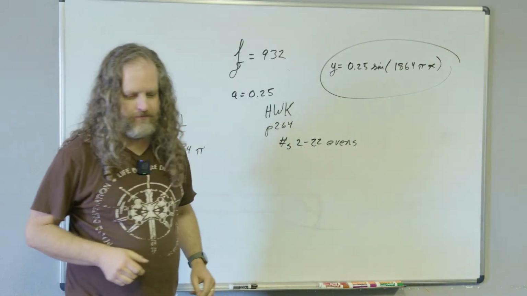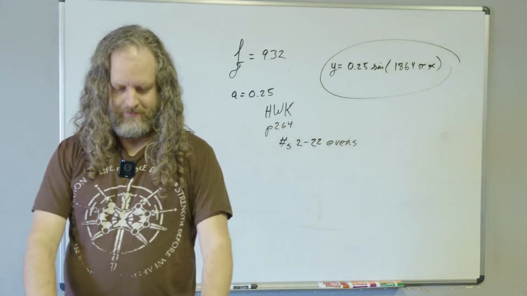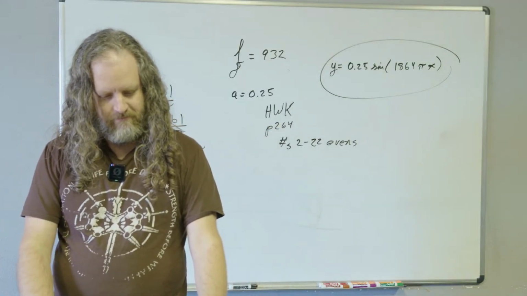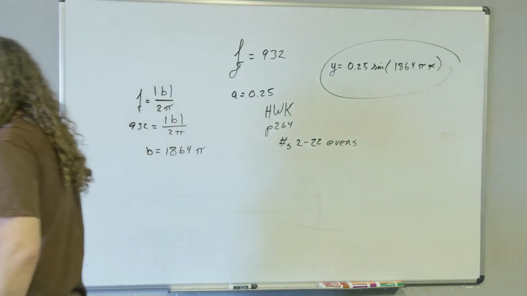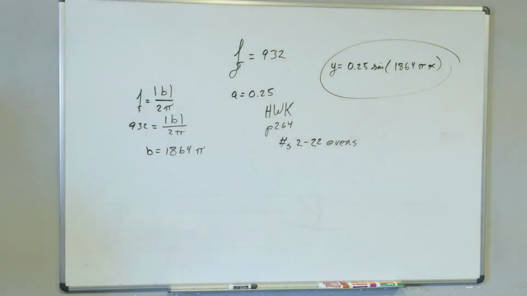So now a nice 22. Some of them take longer than the other ones, but it's not that much longer. All in all, I think it'll be a little bit shorter.